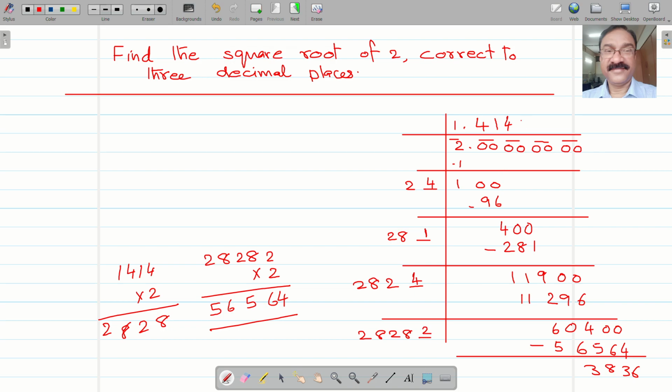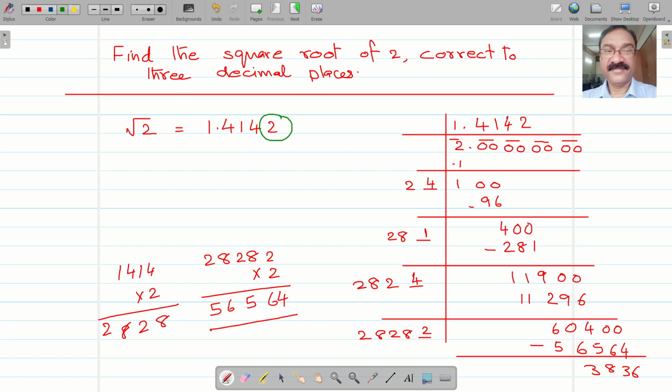The number 2 also should be written in the quotient. The square root of 2 is equal to 1.4142. We are asked to find the square root of 2 correct to 3 places of decimals.